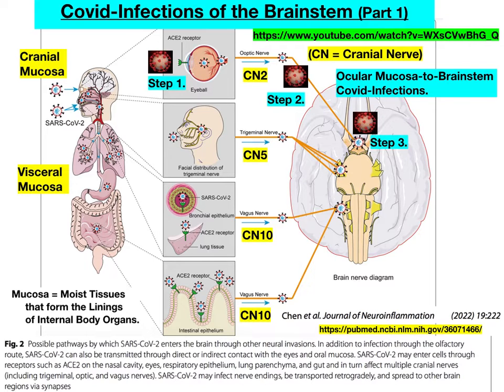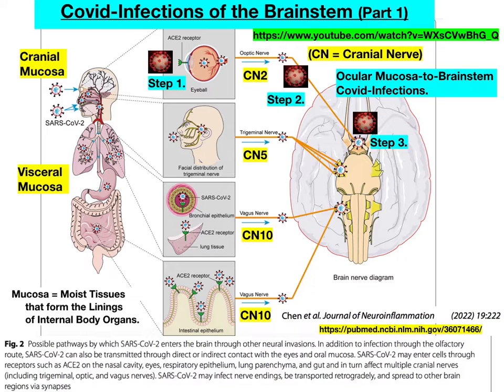And so cranial mucosa refers to mucosa in the cranial regions, mucosa of the eyes, nose, throat. Visceral mucosa, pulmonary mucosa, as well as mucosa of the alimentary tract, would be examples of visceral mucosa.